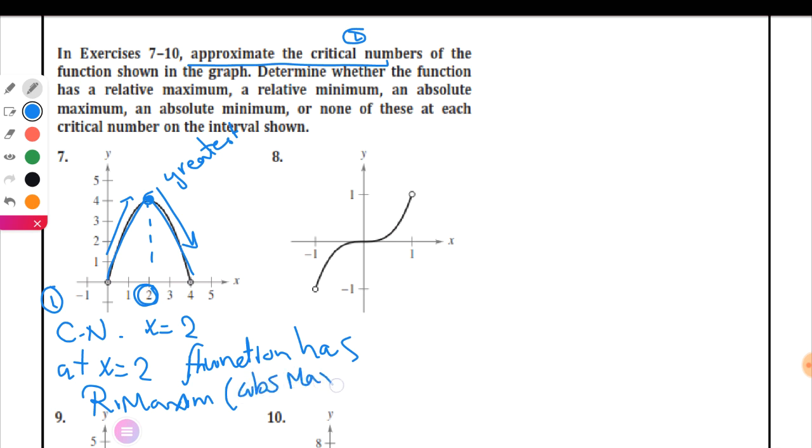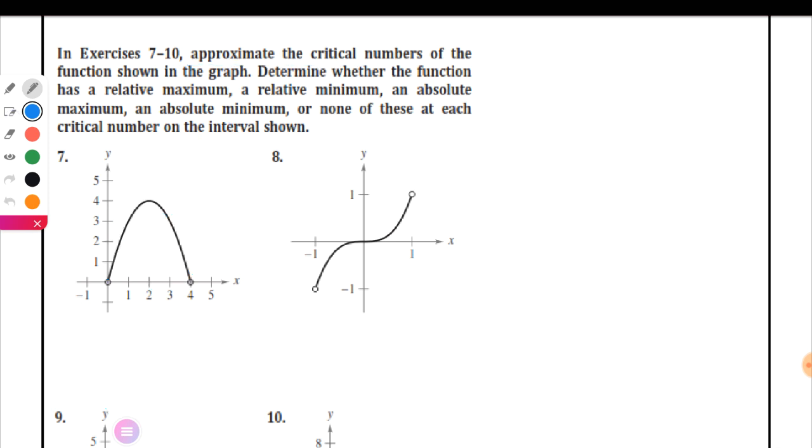Since it is a relative maximum and the greatest value, I say absolute maximum. Clear? Because it is the greatest, the function has no value greater than f(2), so the function has an absolute maximum, and also relative because the behavior of the function changes from increase to decrease. Okay, clear.